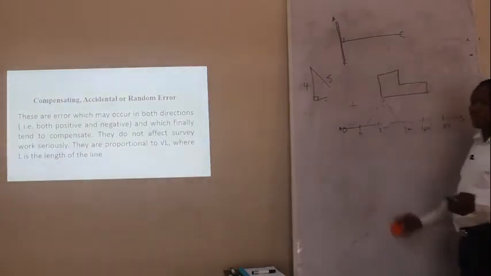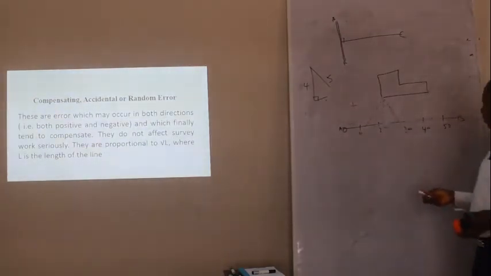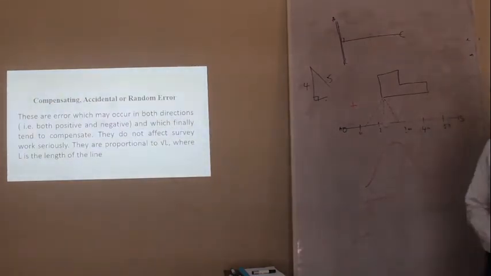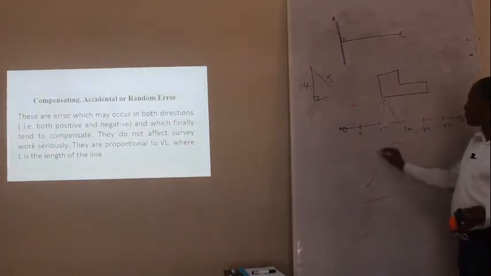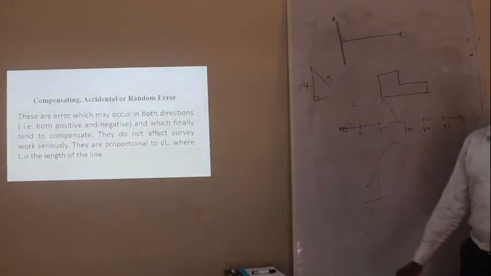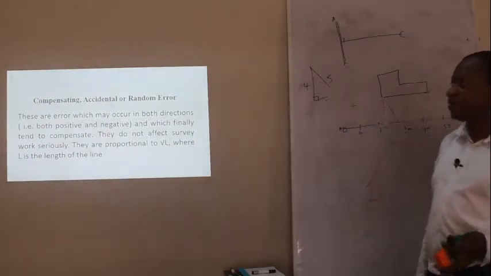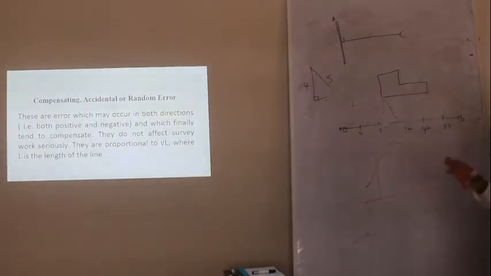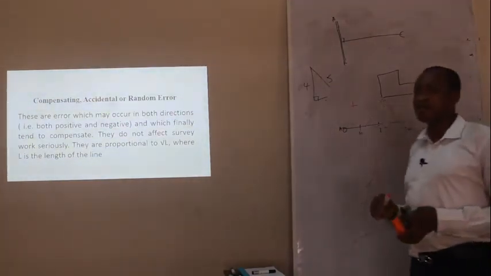Because there is no bias there. So this is a normal distribution curve, which we will find out in the statistics. Because of that, we have to subject it to a statistical method in order to solve that problem. And that's what we will do at a higher level of surveying, trying to carry out adjustment.